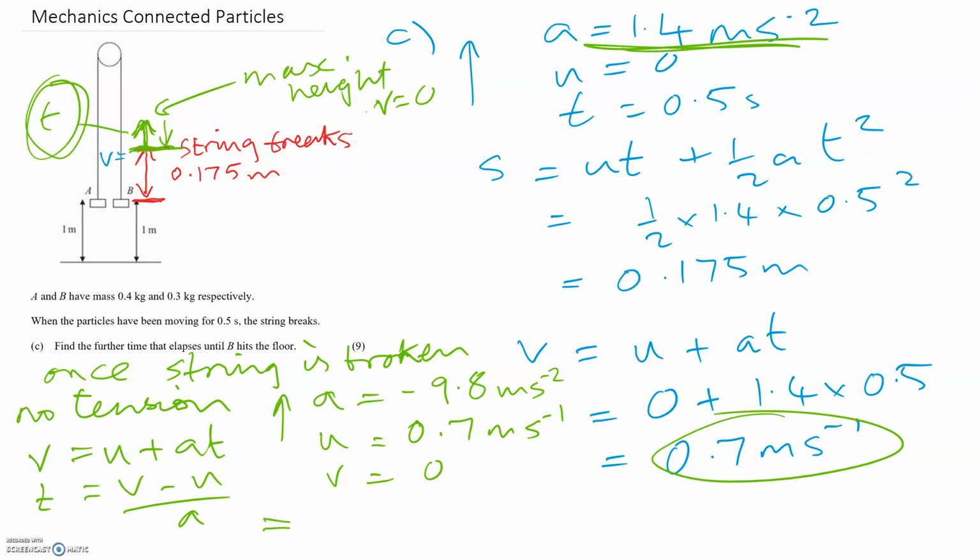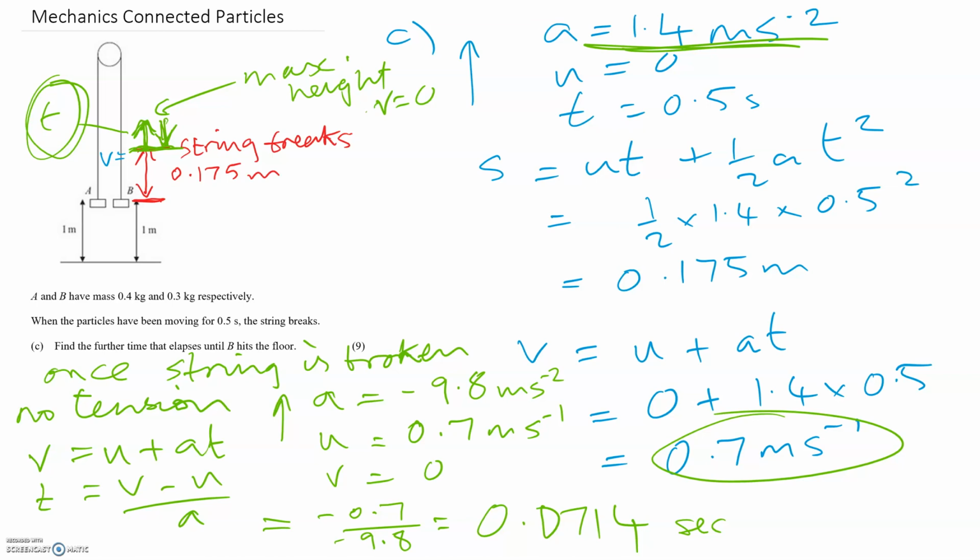Now if you put this information into here, you'll get that t equals minus 0.7 over minus 9.8, which will give us 1 over 14. But let's write it as 0.0714 seconds.